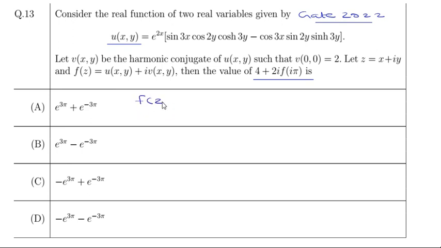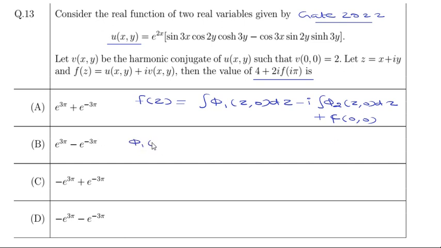So we'll write f of z is equal to the integral of φ1 of z comma 0 dz minus i times the integral of φ2 of z comma 0 dz plus some constant c, or this can be taken as f of 0 comma 0.